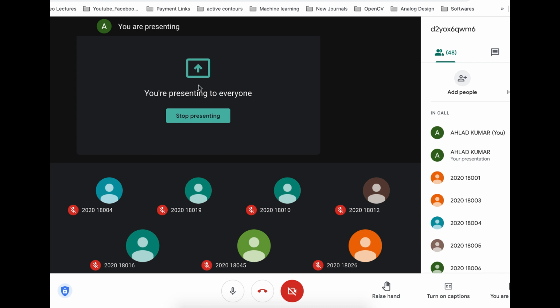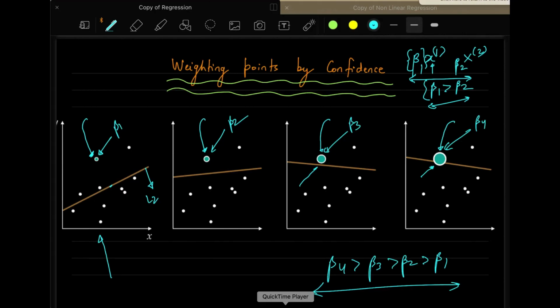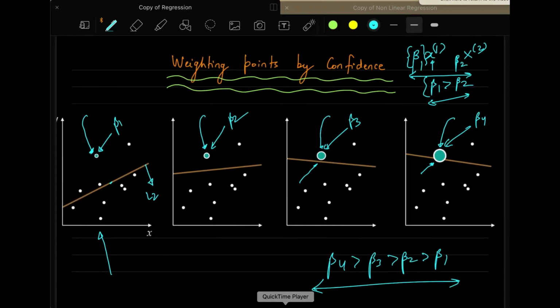Any other question? Okay, if there is none, then some part of the linear regression and its variants are finished. So now we will go to the second part. Every time I introduce a new concept, I will try to make you understand the motivation for doing it.